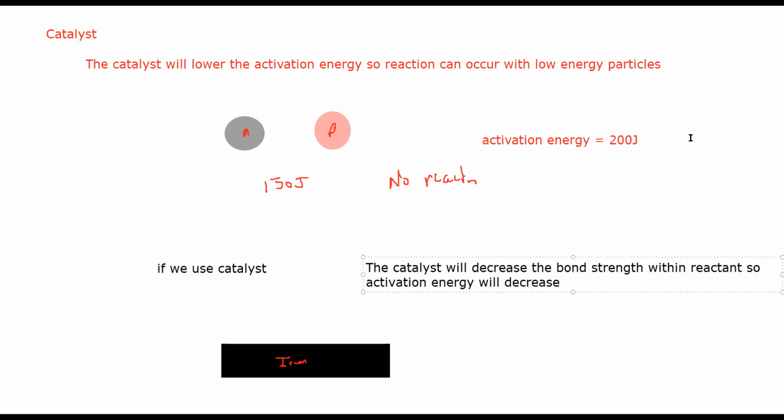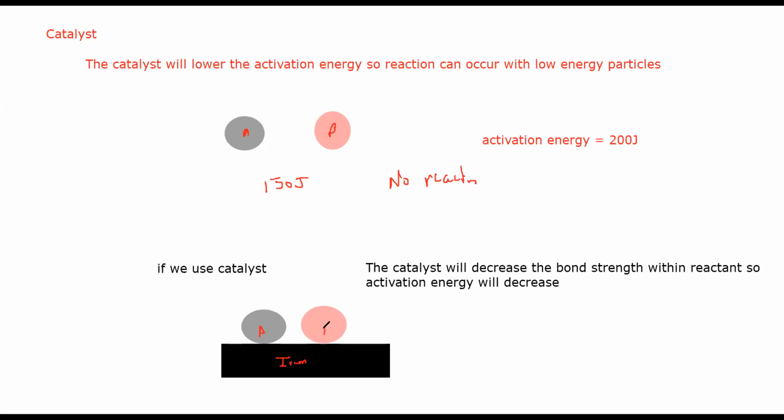So when we use a catalyst, the catalyst traps the reactant molecules at the surface. So this iron will trap the reactant molecules at the surface. When it traps the reactant molecules at the surface, the bond strength within the reactant molecule will decrease.